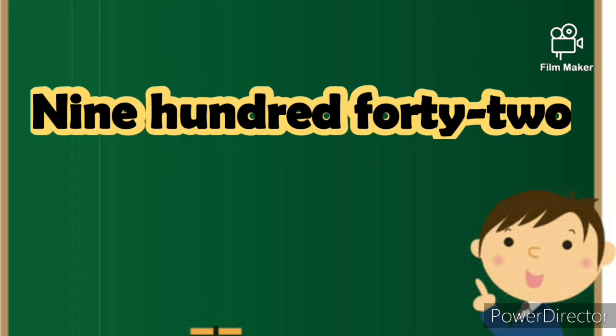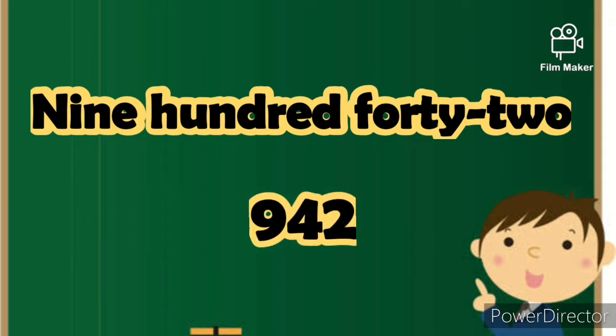Let us take one more example. If this spelling is given, then you can write the number by looking at the spelling. Here, the spelling is NINE, 9, HUNDRED, 100, FORTY, 40, TWO, 2.